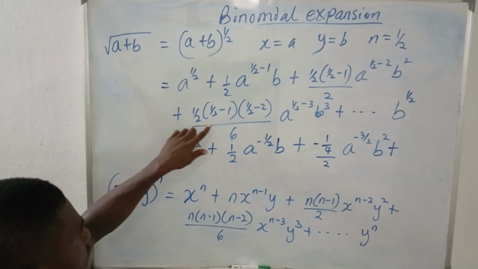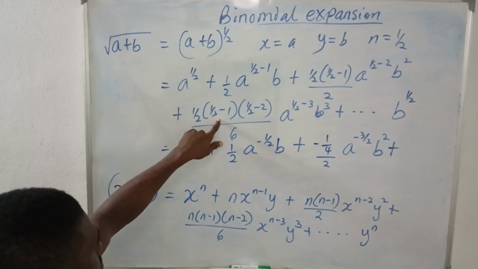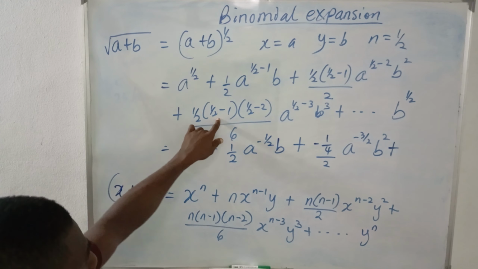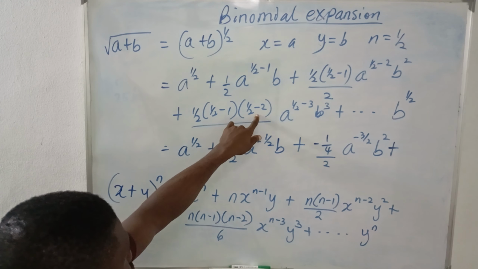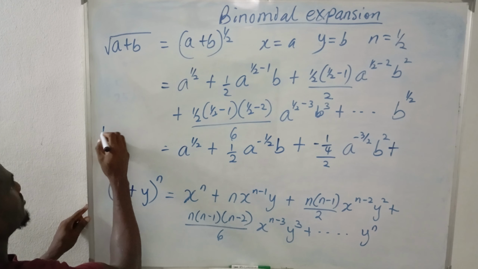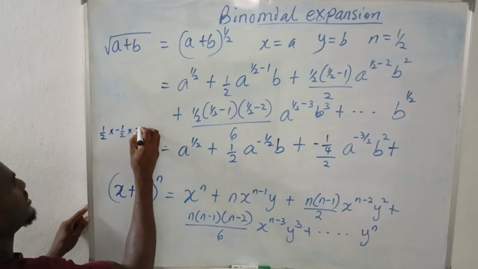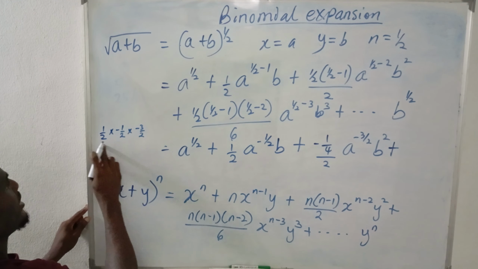For this point here, this is negative 1 over 2. This is negative 1 over 2. This is negative 3 over 2. So at the end of the 3 here is 1 over 2, negative 1 over 2, and negative 3 over 2.